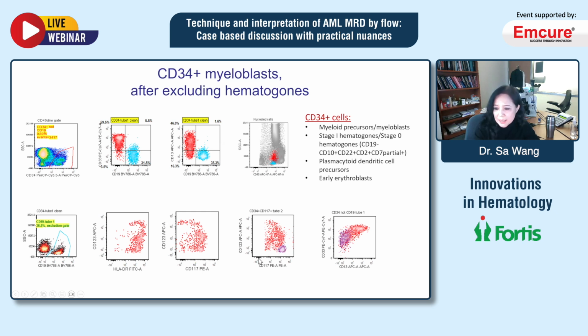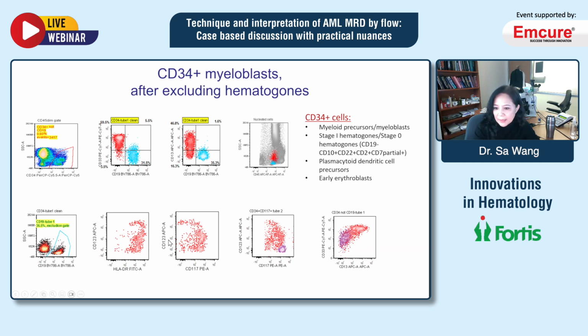Erythroid precursors are CD34 positive, CD117 positive, HLA-DR positive. A lot of times you cannot differentiate them from the myeloid precursors. However, they have some features. They are CD123 negative and CD133 negative. Remember, CD133 is only committed to the myeloid, and they usually do not have CD13. These are the important things to remember.